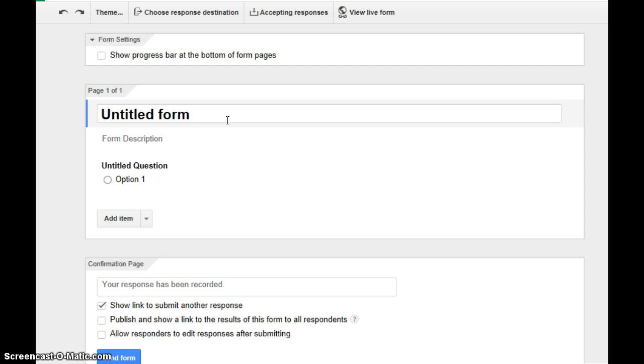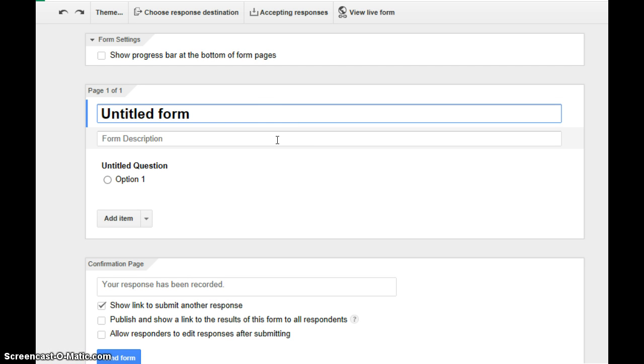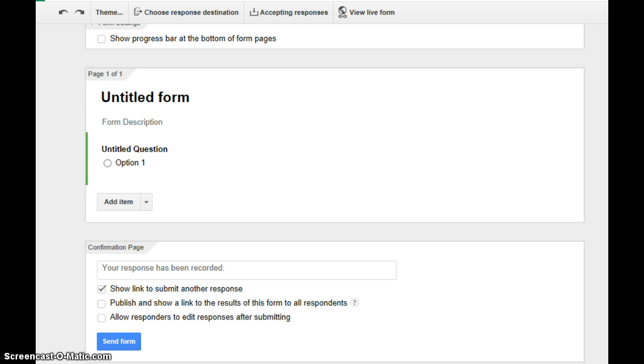They will click on the form, and then they will be able to create their own form based on a previous lesson that was taught, or they can use it to see what prior knowledge students already have about a topic that will be taught. Once all the questions have been inserted into the form, the teacher will just click on Send Form.